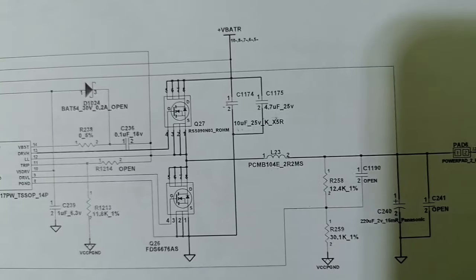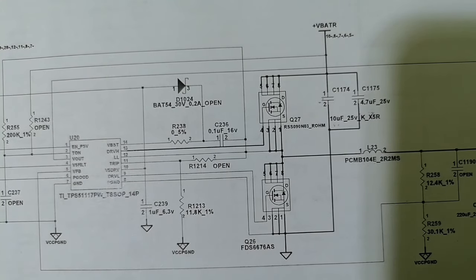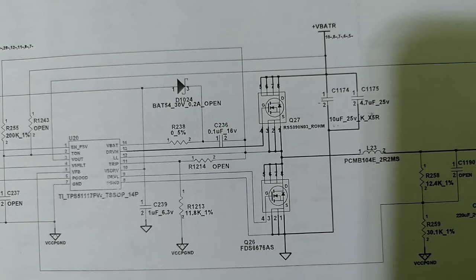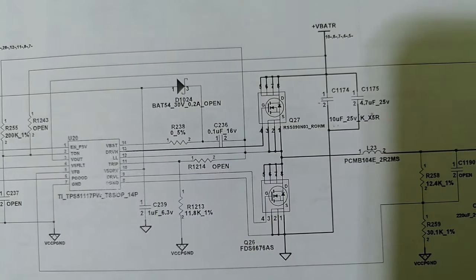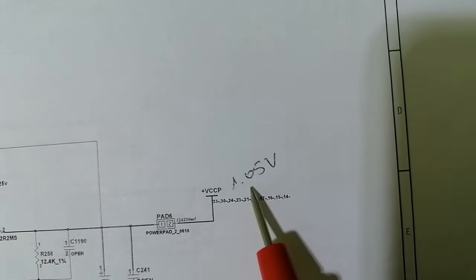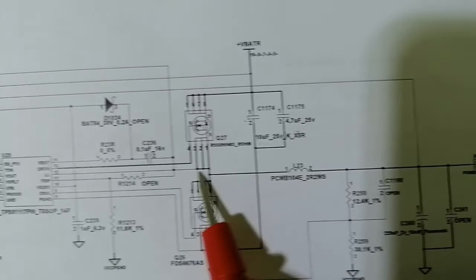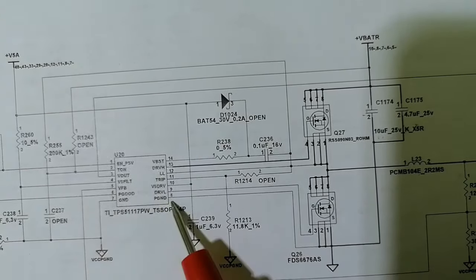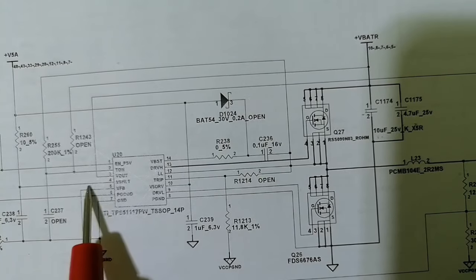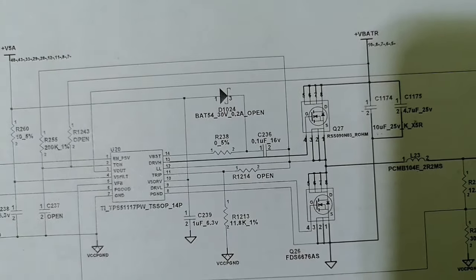So in order to get the output, the IC should receive the inputs first. If I didn't get 1.05 volt plus VCCP here, it doesn't automatically mean the IC is bad. No, you should check the inputs first.